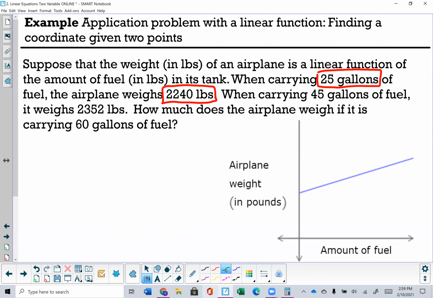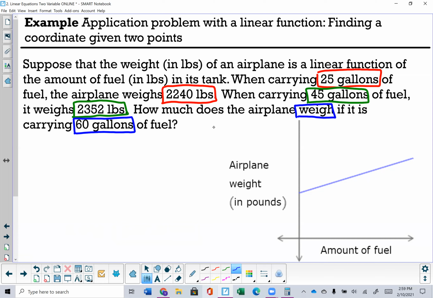Okay, think of that as one ordered pair on our line. When carrying 45 gallons of fuel, it weighs 2,352 pounds. So that would be like a second point on our line. How much does the airplane weigh if it is carrying 60 gallons?